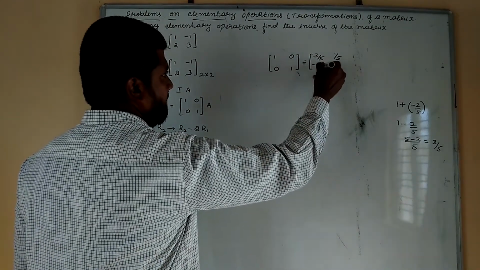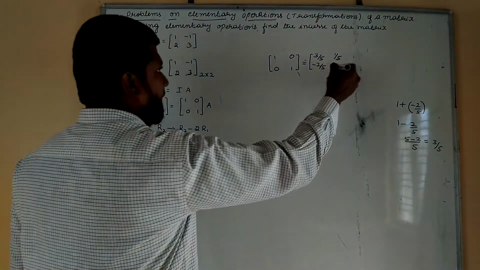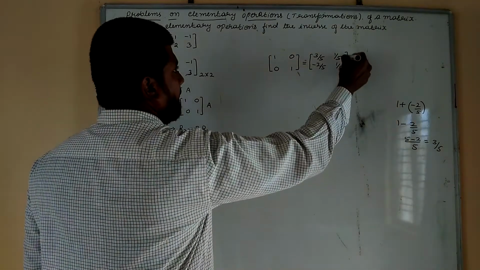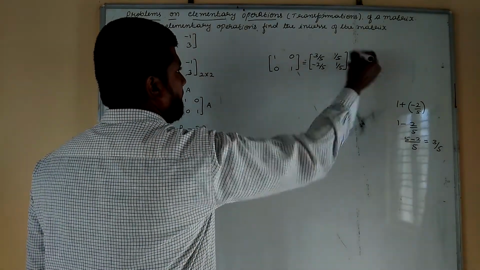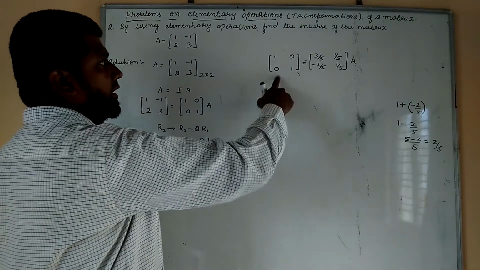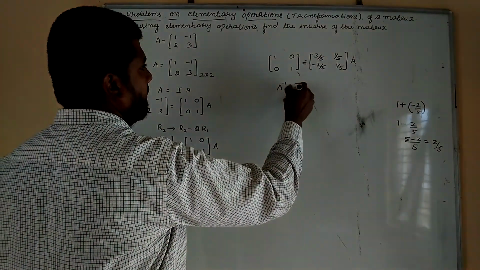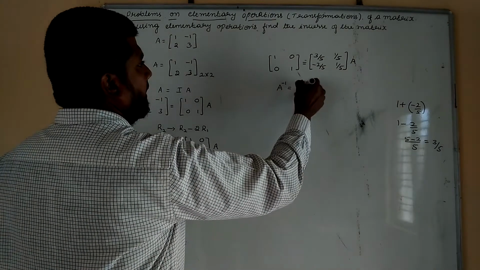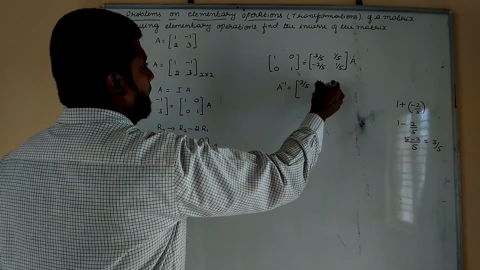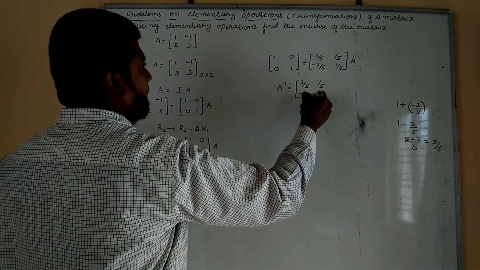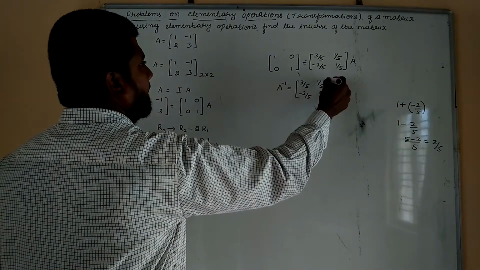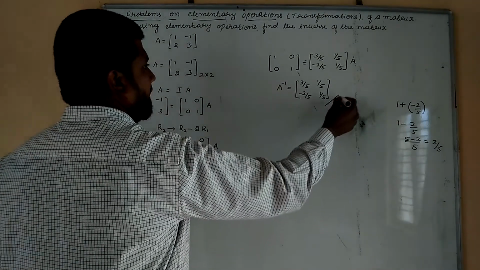The second row is the same: 2 by 5 and 1 by 5, then into A. So we got the identity matrix here. Now we can write A inverse equal to 3 by 5, 1 by 5, minus 2 by 5, then 1 by 5. So this is the answer we got.